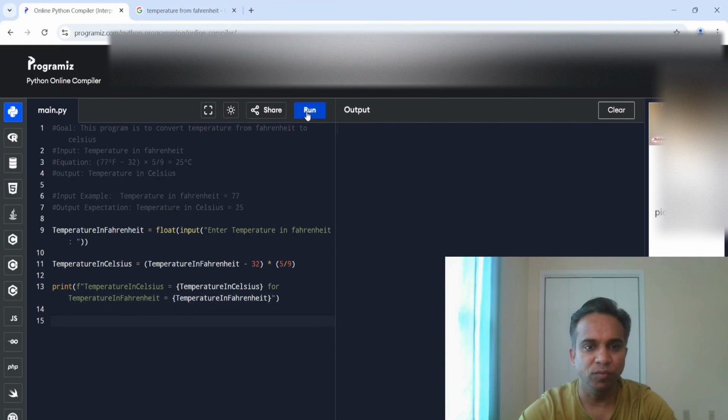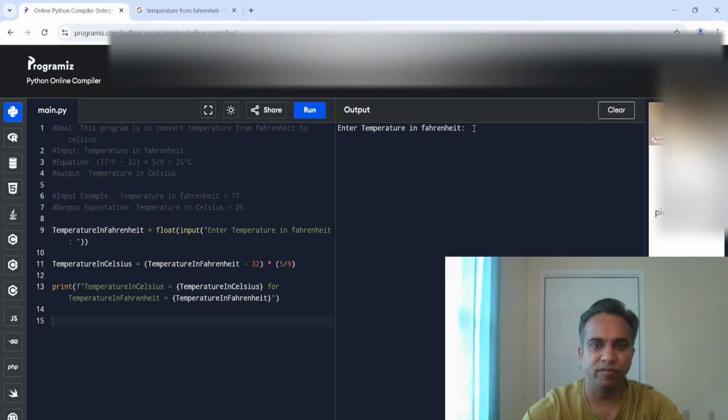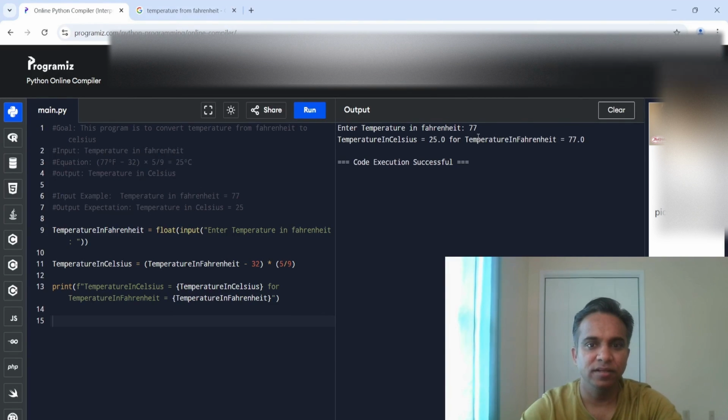And now we run the program. So if we are entering 77, then the output we can see it is 25 degree.